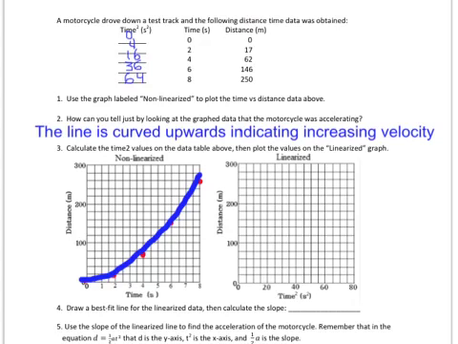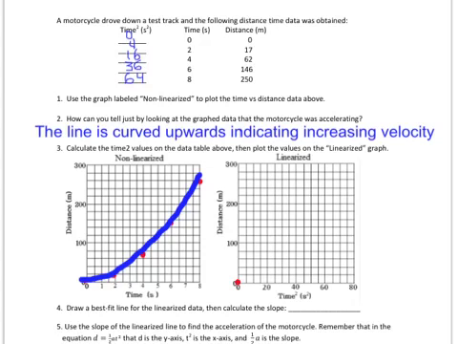Let me change the thickness of my pen a little bit here. Let's go back to this one here. Okay. Let's see. So 0 gives me 0. Then I'm going over to 4 and up to 17.